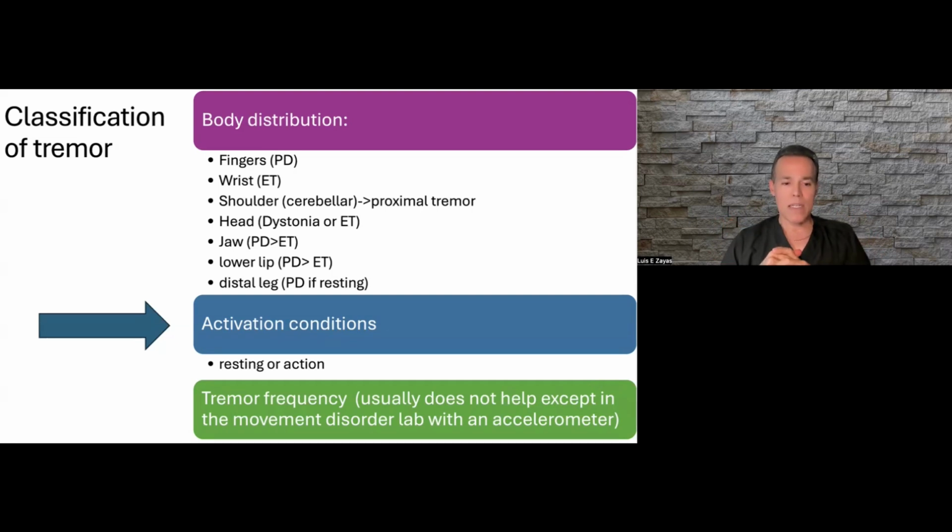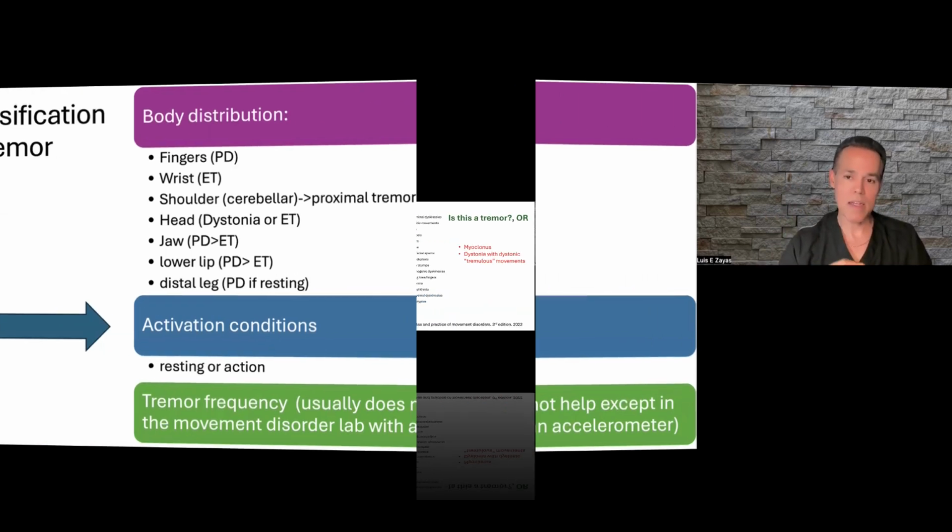And the other part is the tremor frequency, which is actually not too helpful. Why? Because the majority of the pathological tremors range from 4 to 8 hertz, except the orthostatic tremor, which is a very, very rare phenomenon. In orthostatic tremor, the frequency is pretty high, approximately 18 hertz.